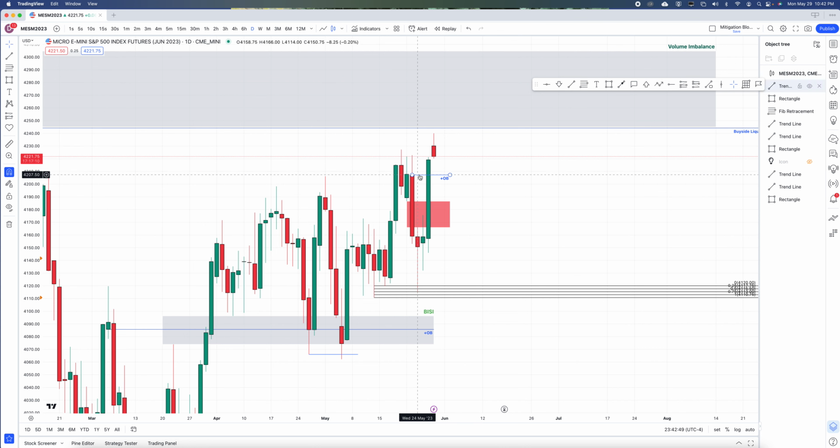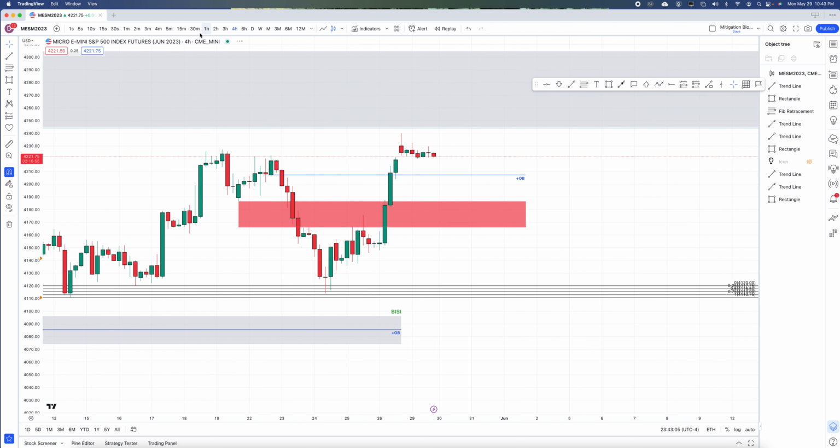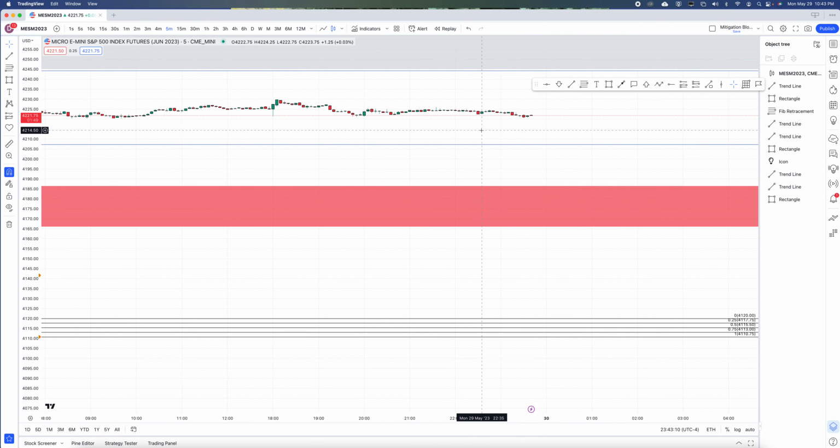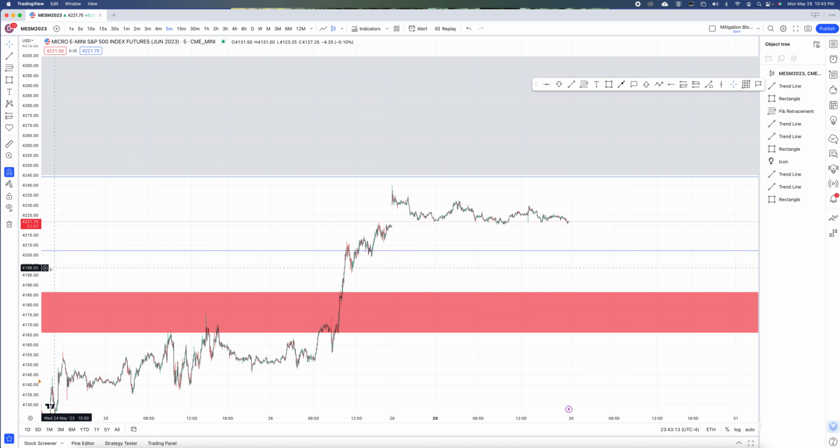You can use the wick, but I'm just going to do the body because this is a really nice body, and we have all this unfilled imbalance right here, and I think we're going to work our way into that. So I'm watching that, and I haven't gotten to the new week opening gap yet, so we're going to go down to a 5-minute chart quick. That's usually how I do it.